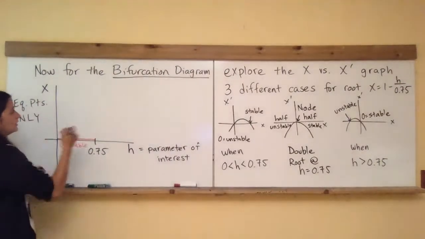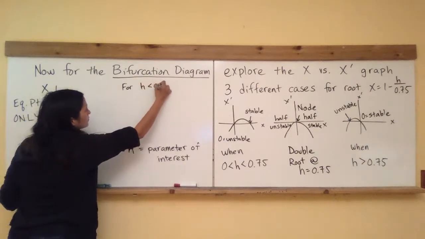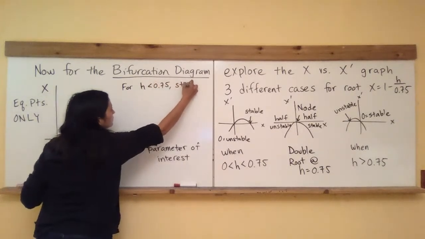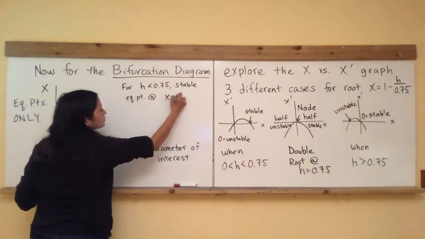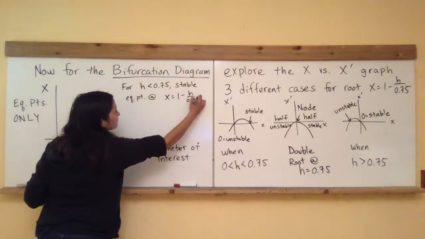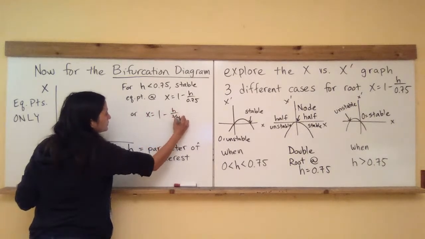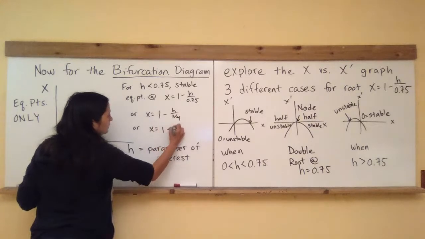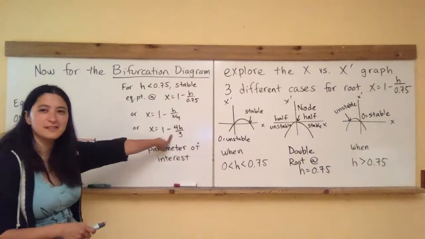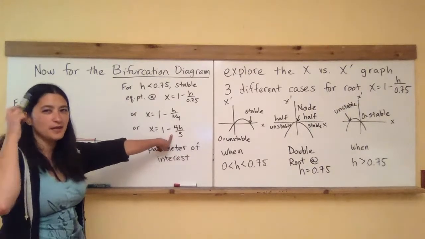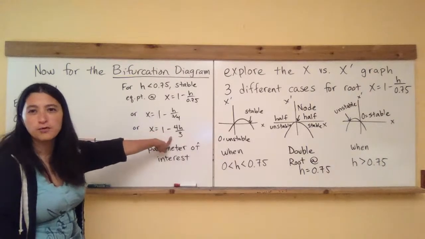And so in this case, for h less than 0.75, we have a stable equilibrium point at x equals (1 minus h) over 0.75, or x equals (1 minus h) over 3/4, or x equals 1 minus 4h over 3. I just wanted to get it down to this level so that I could think about it in my head as drawing a line that has a y-intercept of 1 and a slope of -4/3.